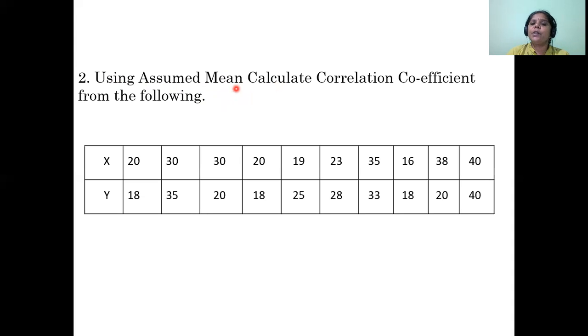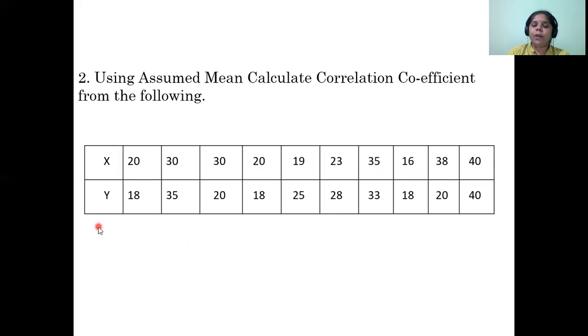So using assumed mean, calculate the correlation coefficient from the following data. This is the x variable and this is the y variable. X values are 20, 30, 30, 20, 19, 23, 35, 16, 38 and 40.